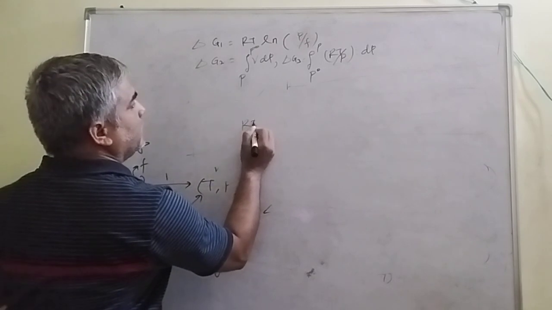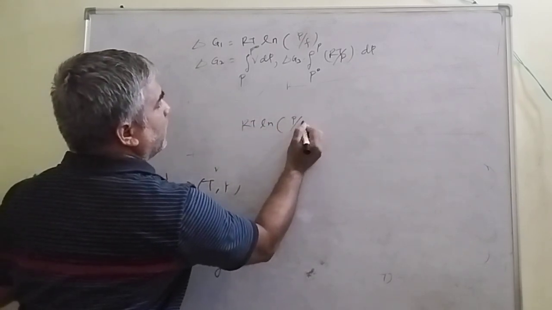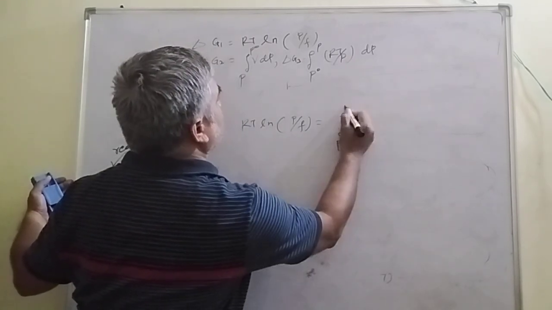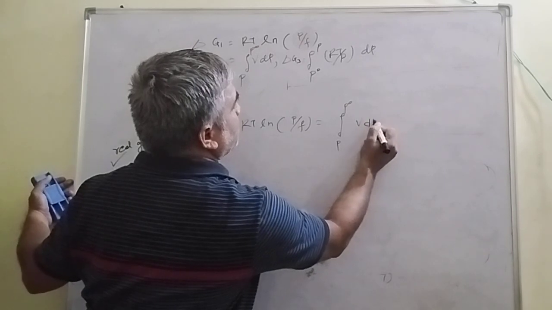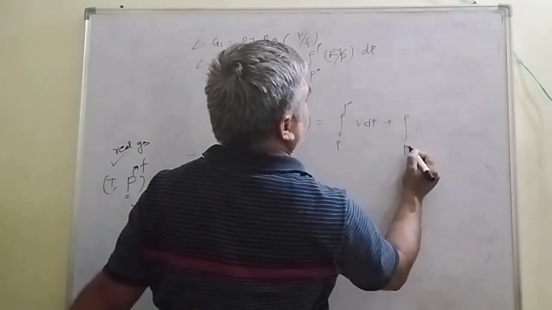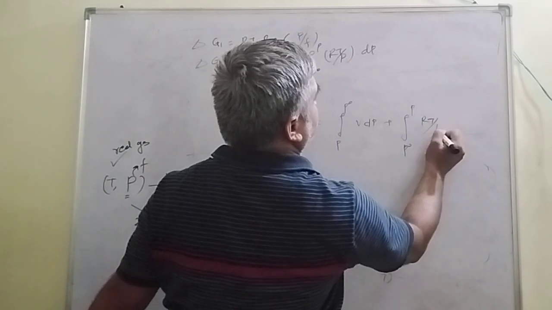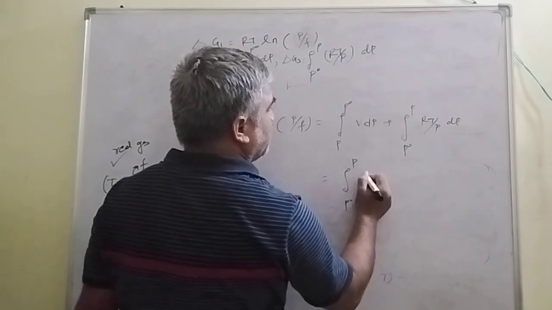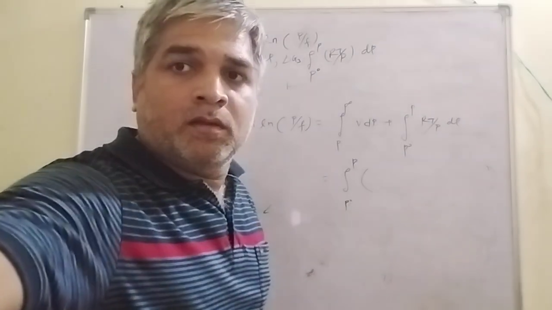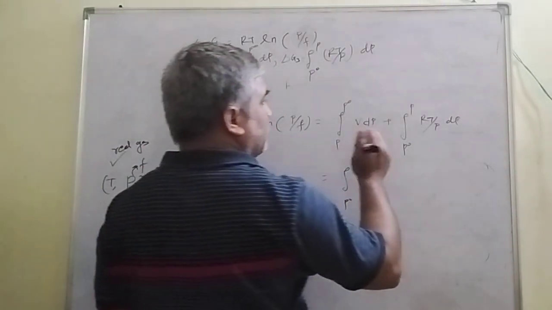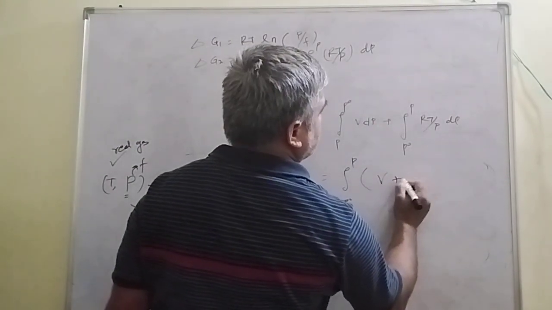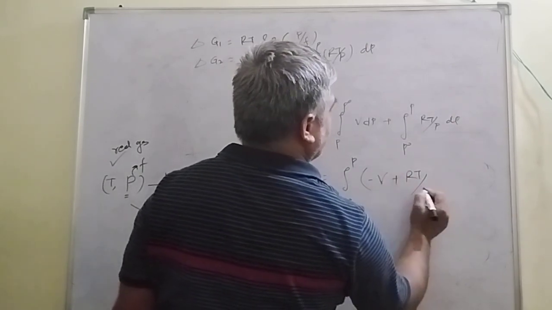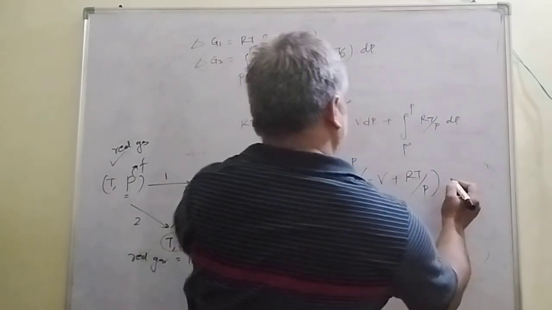Now delta G1 is RT ln of P by F, which is equal to the integral from P to P naught of V dP plus the integral from P naught to P of RT by P dP.